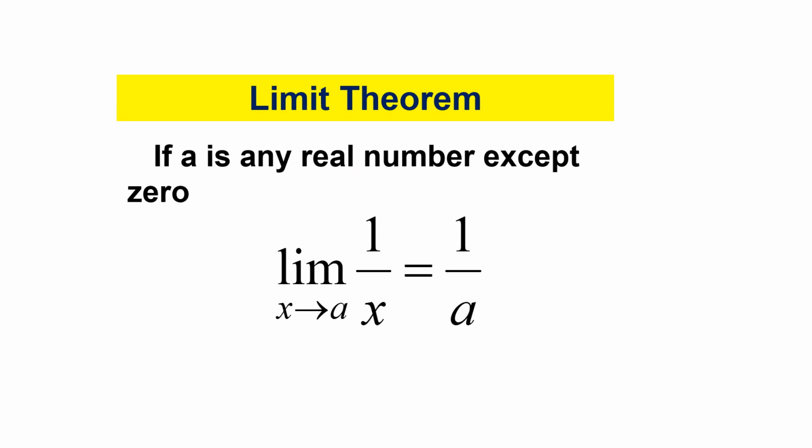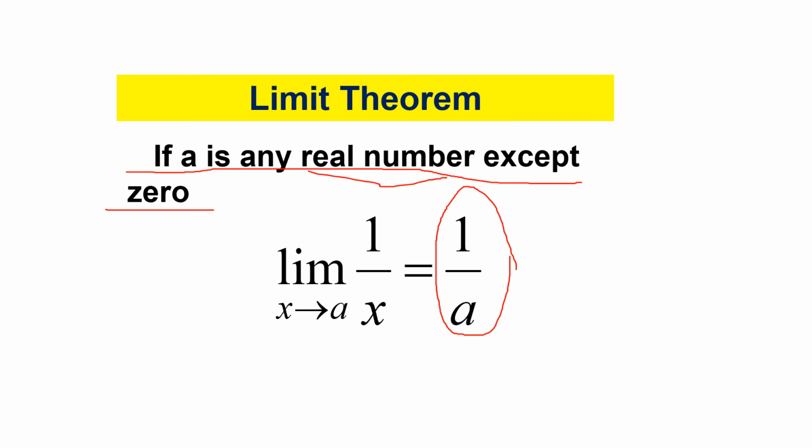For another limit theorem, if a is any real number except 0, the limit of 1 over x when x approaches a, where your denominator is a variable x, we need to satisfy this condition. If a is any real number except 0, wherein the real numbers are positive numbers and negative numbers, and 0 is not included. Because if your denominator is equal to 0, then this limit will provide you an undefined value.